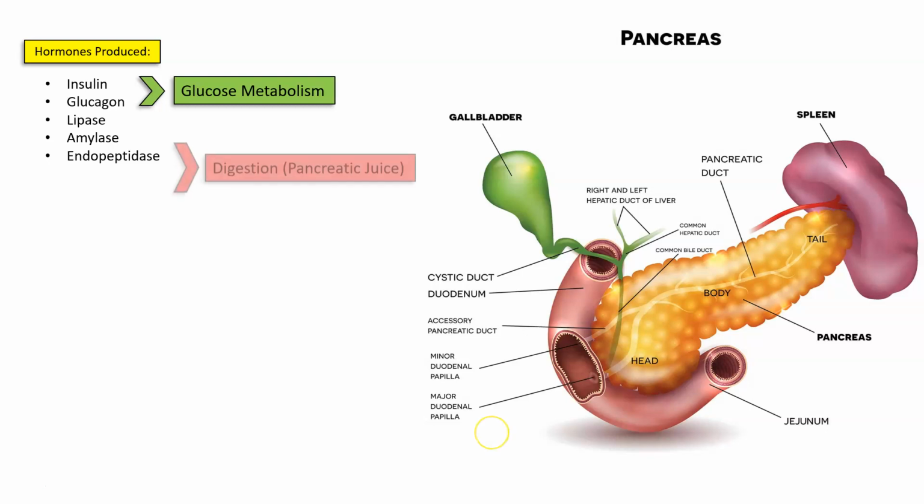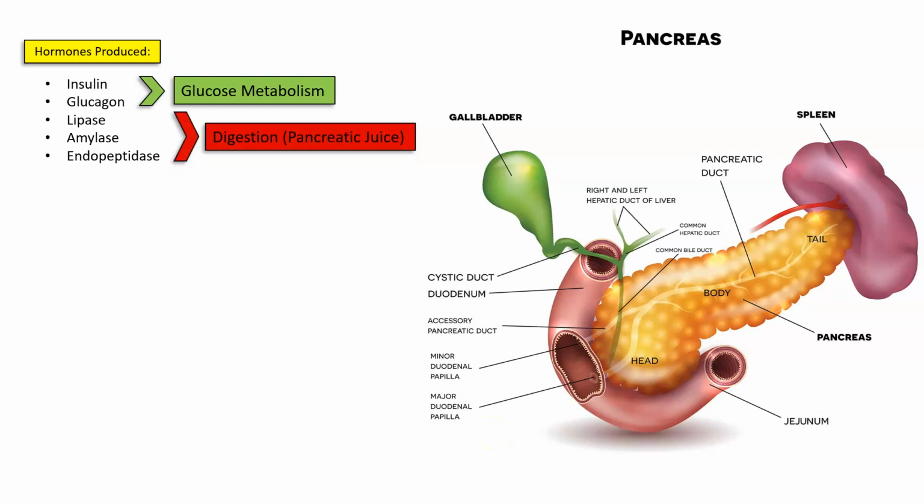Really, really important. Both insulin and glucagon play into the homeostatic balance that must be present in order for humans and other organisms to remain alive.